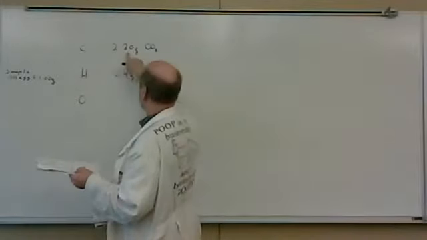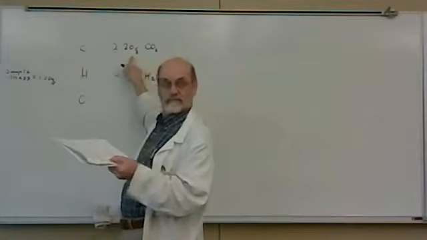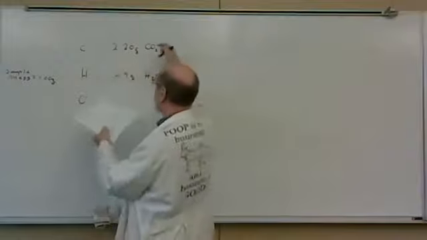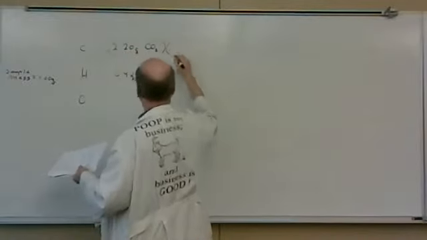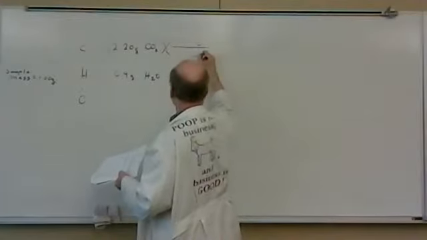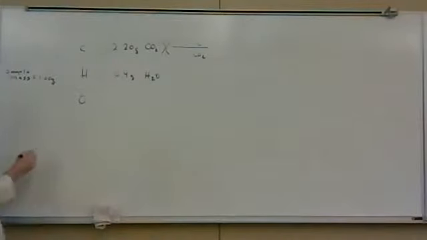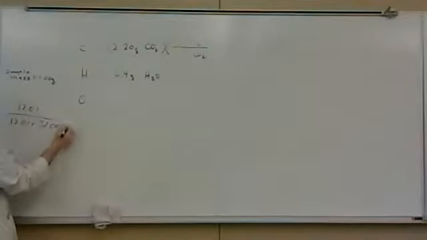We have to find out how many grams of carbon that represents. Okay, we got oxygen in there. So what we have to do is say, what's the ratio of carbon to CO2? We can do that with 12.01 as the molar mass of carbon, and CO2 is 12.01 plus 32 for the oxygen.